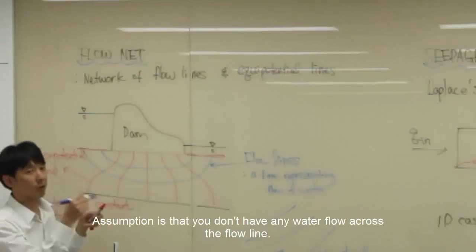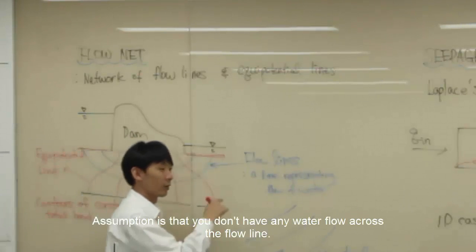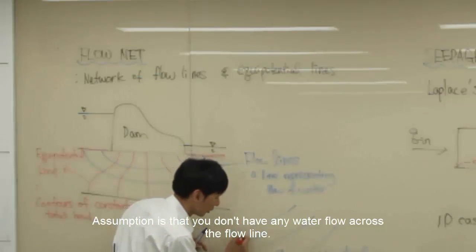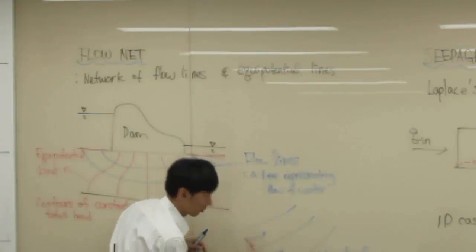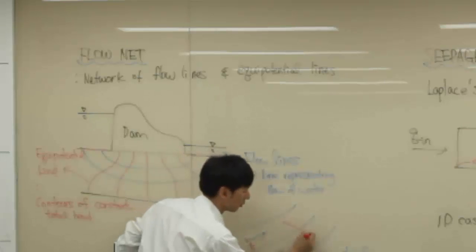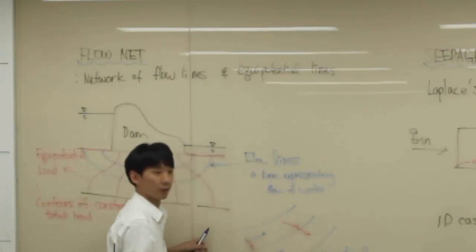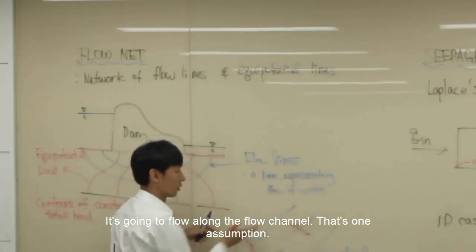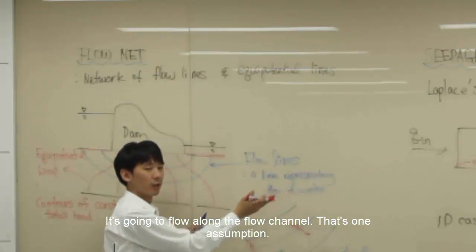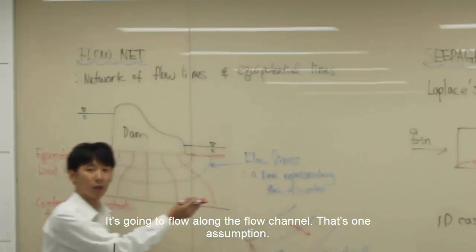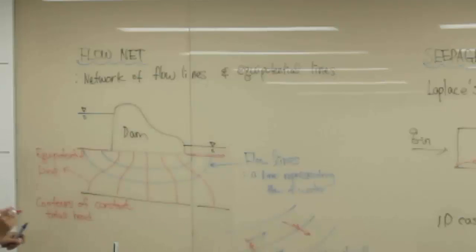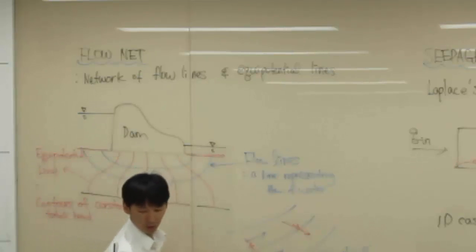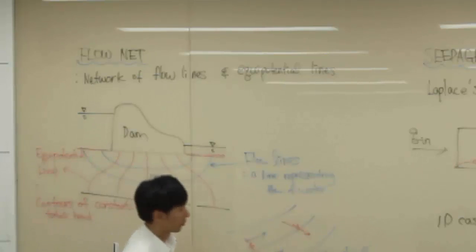And the assumption is that you don't have any water flow across the flow line. So the water doesn't go across the flow line. It's going to go along the flow line, along the flow channel. That's the main assumption. So no flow occurs across the flow line.